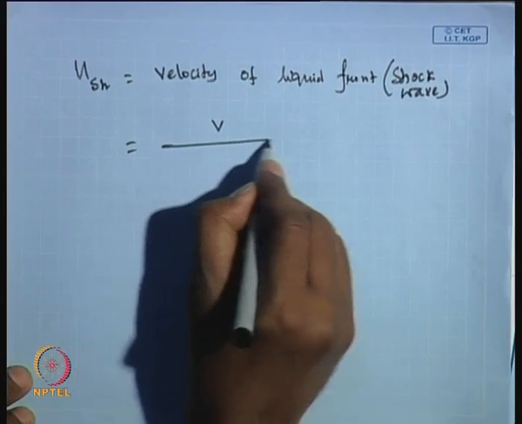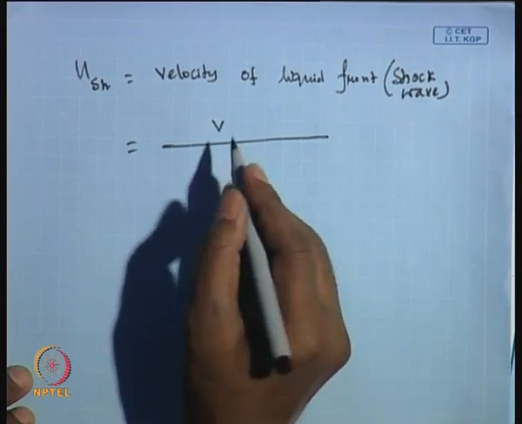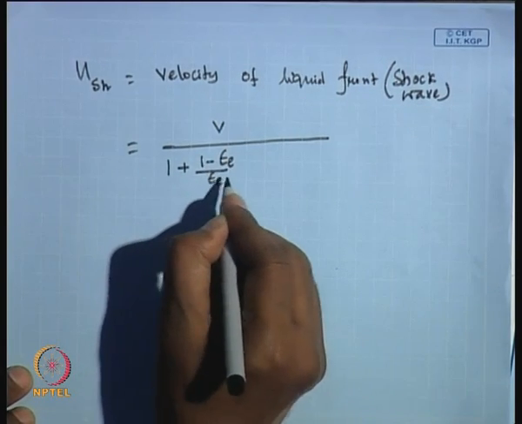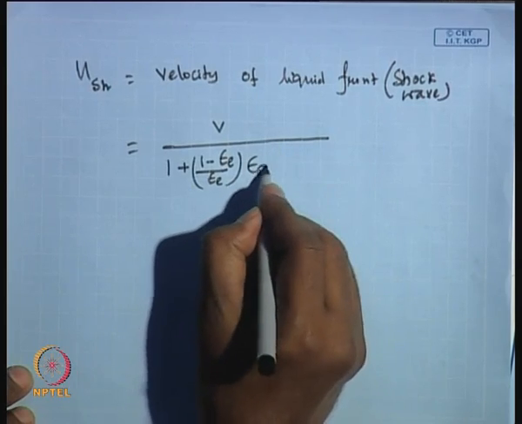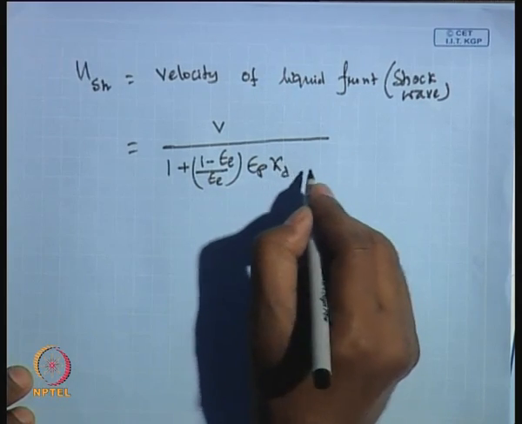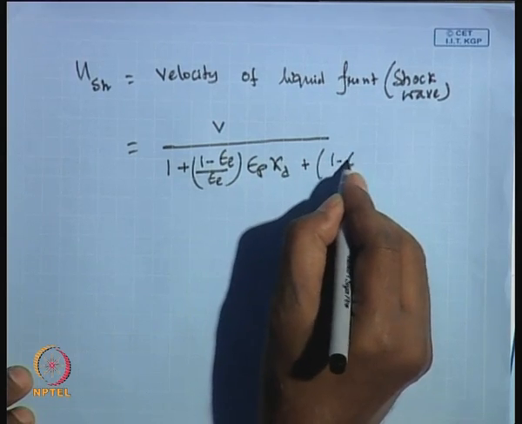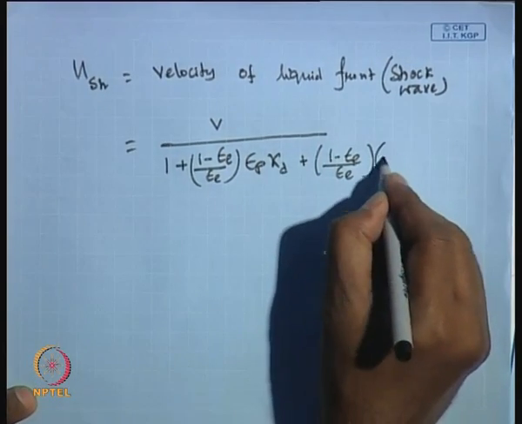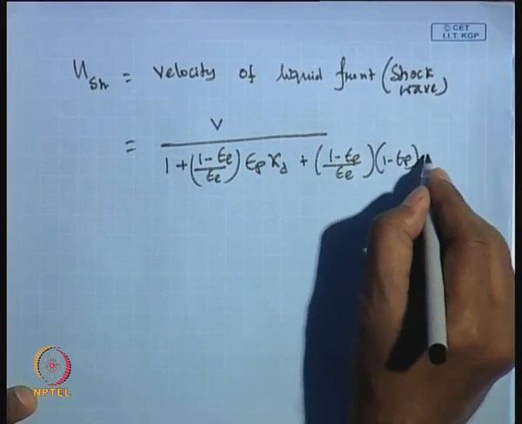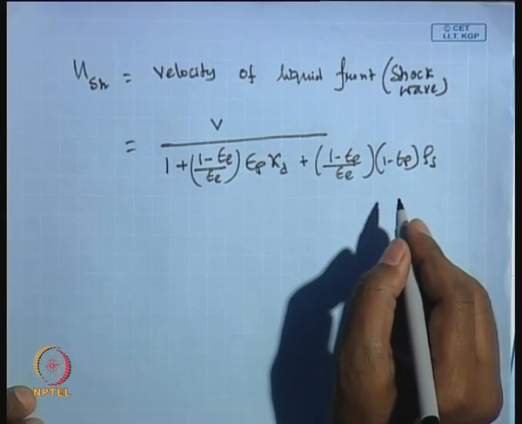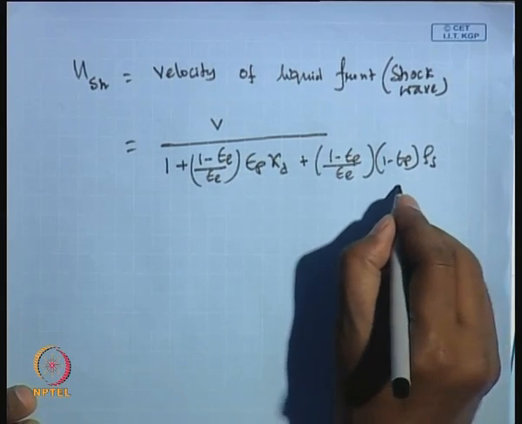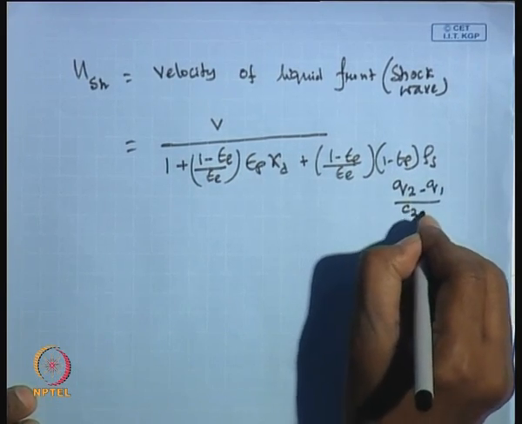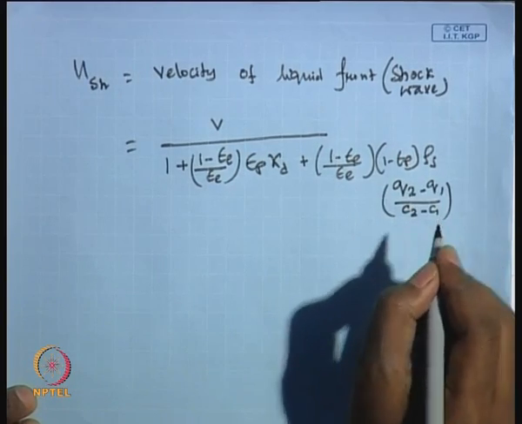This velocity will be the interstitial velocity divided by 1 plus (1 minus epsilon E) divided by epsilon E, epsilon P K D, plus (1 minus epsilon E) divided by epsilon E, (1 minus epsilon P) rho s, and delta q by delta c will in this case be nothing but (q2 minus q1) divided by (c2 minus c1). Okay.